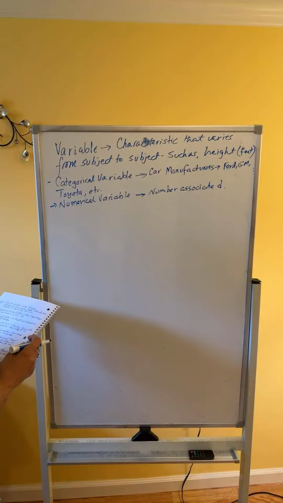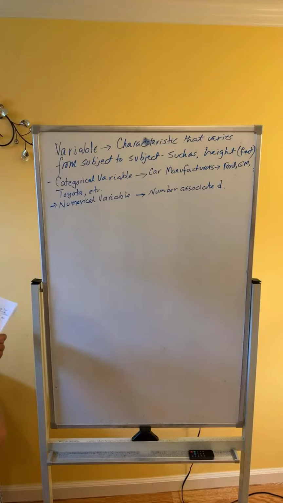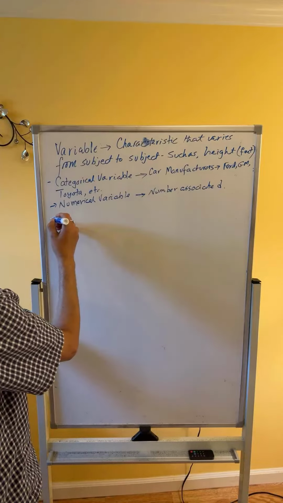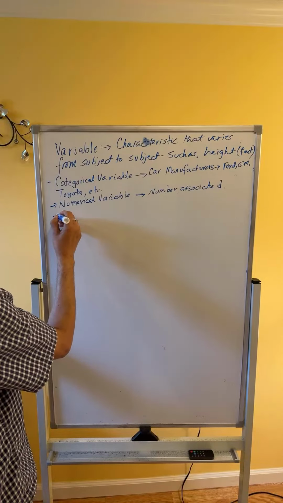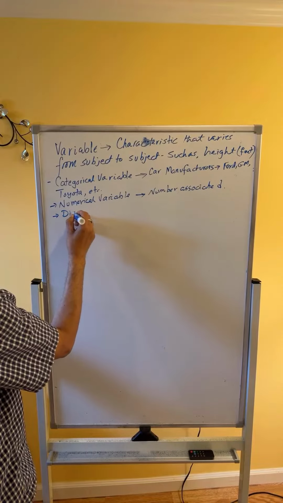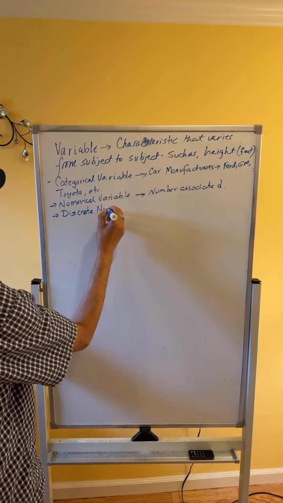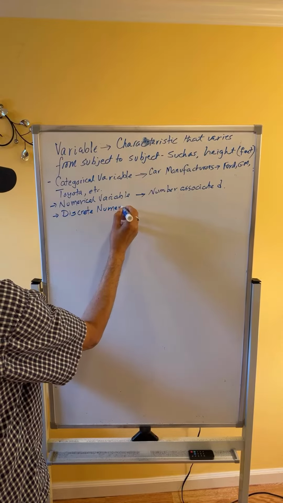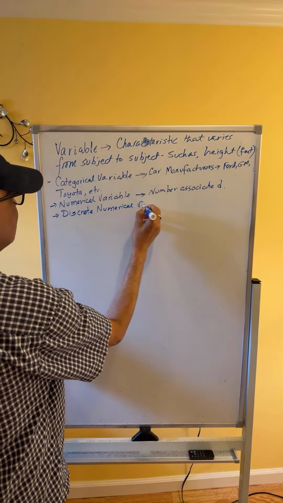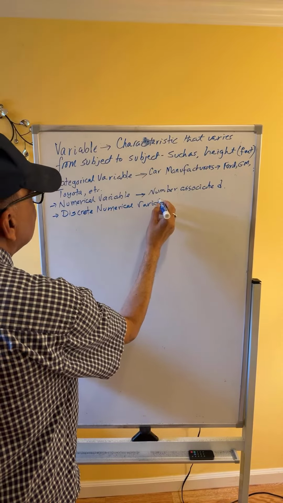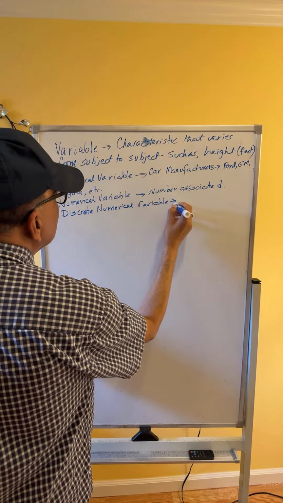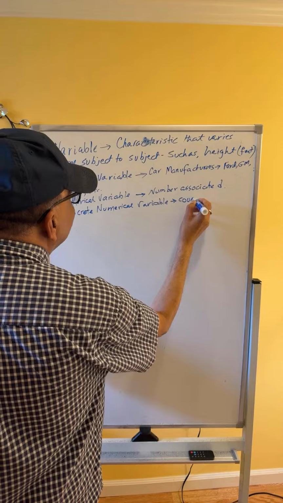There are different types of numerical variable. One is a discrete numerical variable. A discrete numerical variable is something that can be counted or listed.